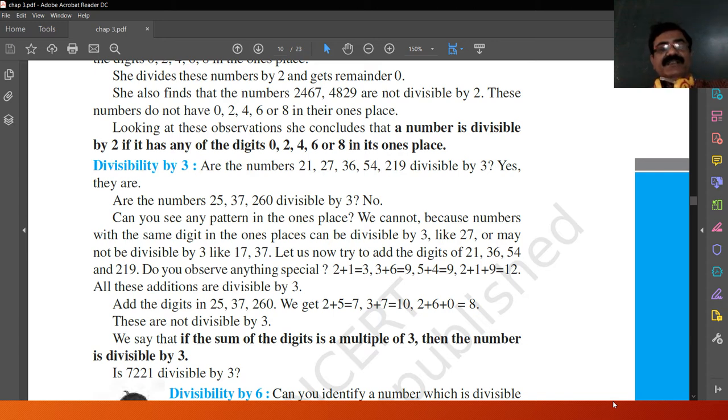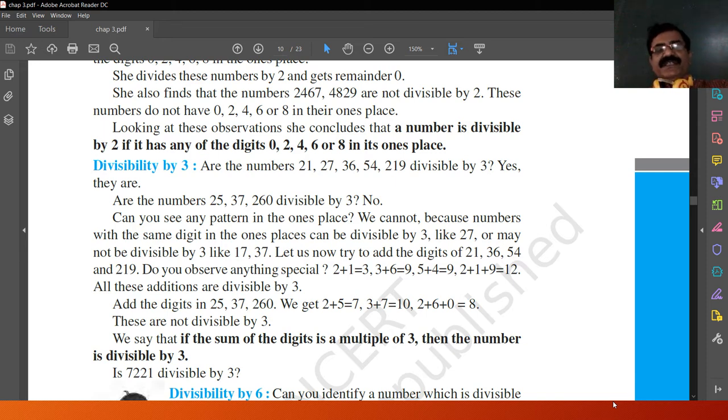Like any number you can take; some examples are given. 2 plus 1 is 3, 3 plus 6 is 9, 5 plus 4 is 9, 2 plus 1 plus 9 is 12. The numbers will be either 21 or 12, 36 or 63, 54 or 45, and 219, 291 or 129.